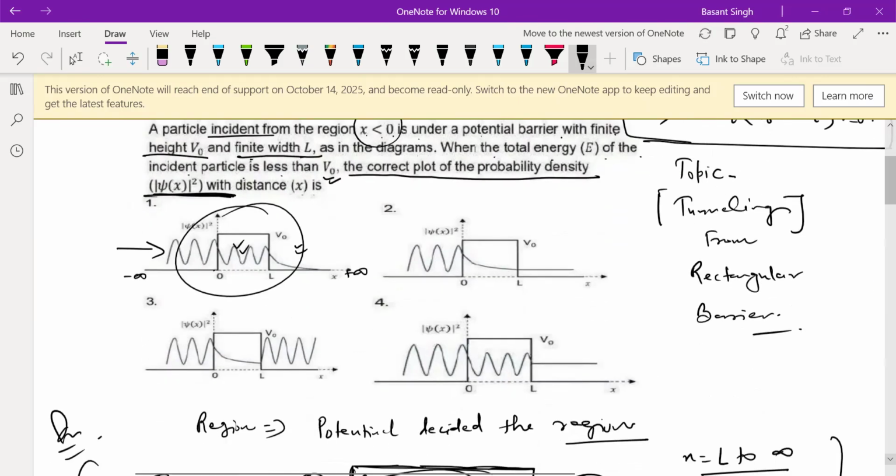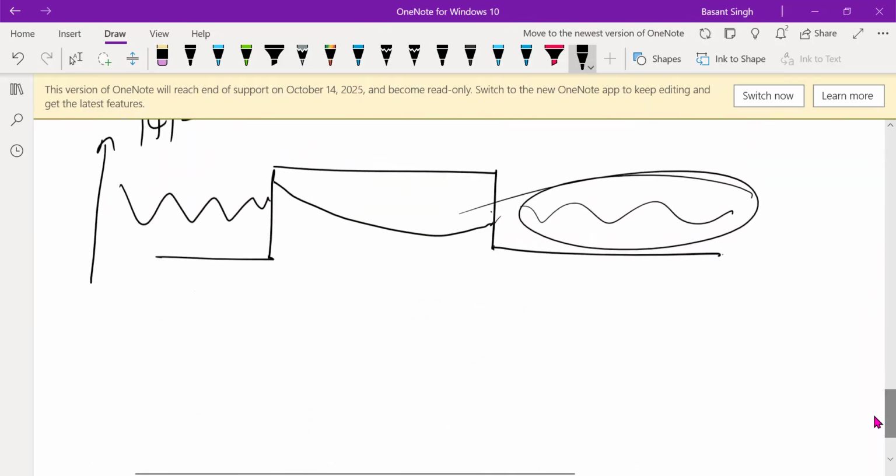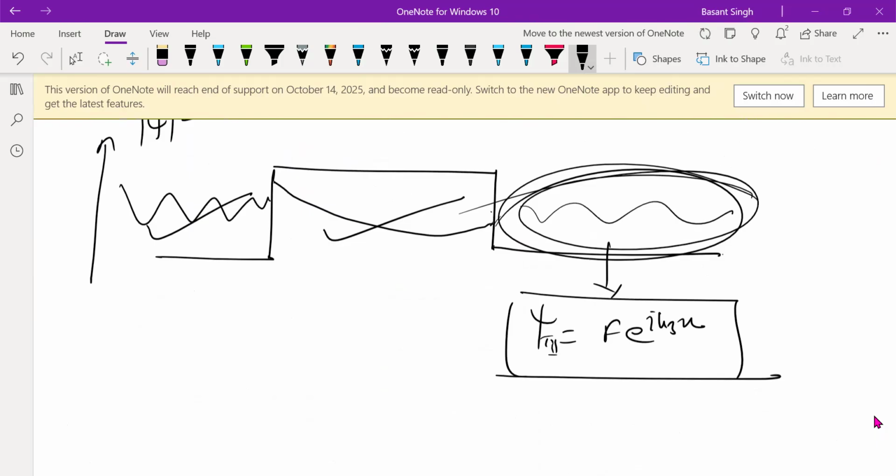So mod psi square in the first region is similar, in the second region is similar, but in the third region, the wave function is only F e to the power i k3x. The remaining part of the third function, that gives a negative value of momentum, is discarded here. So only the function with positive momentum lies here.